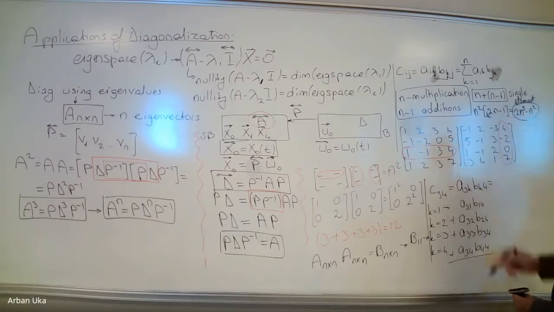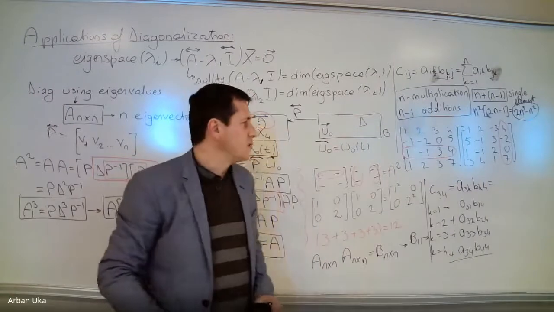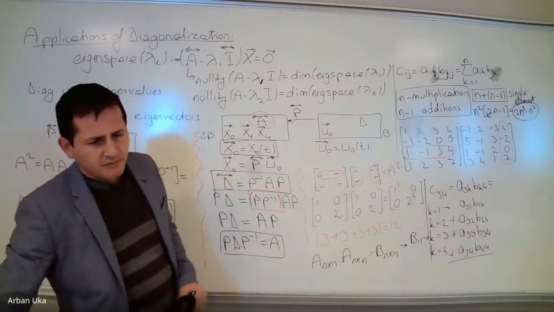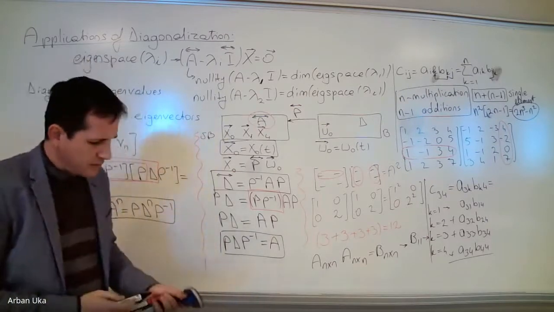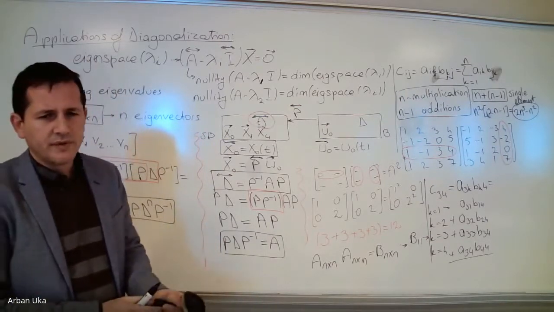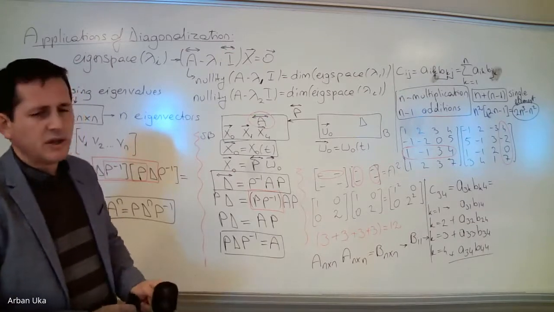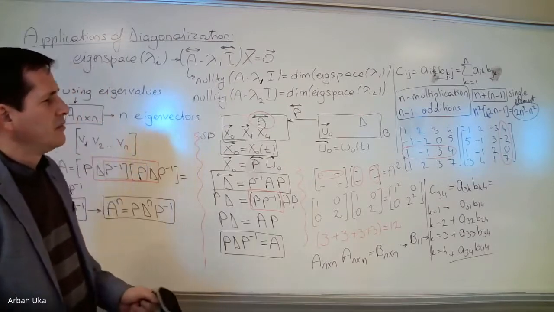So the number of calculations increases with n. n cubed is a polynomial increase. It's not bad. Computers can easily solve problems that have polynomial complexity. The problem is when we have an exponential complexity, where the number of calculations increases exponentially. But this one is fine.